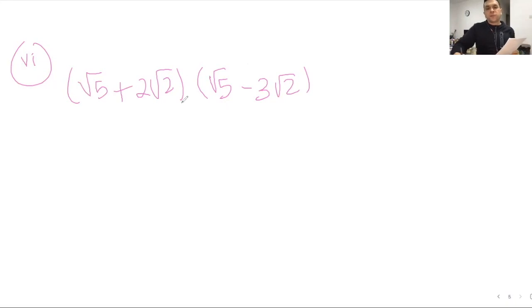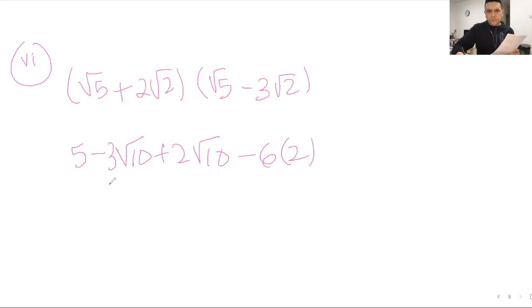So this will be 5. This will be negative 3 times the square root of 10. This would be plus 2 times the square root of 10. And then this would be minus 6. This would be minus 6. And then this is 2.